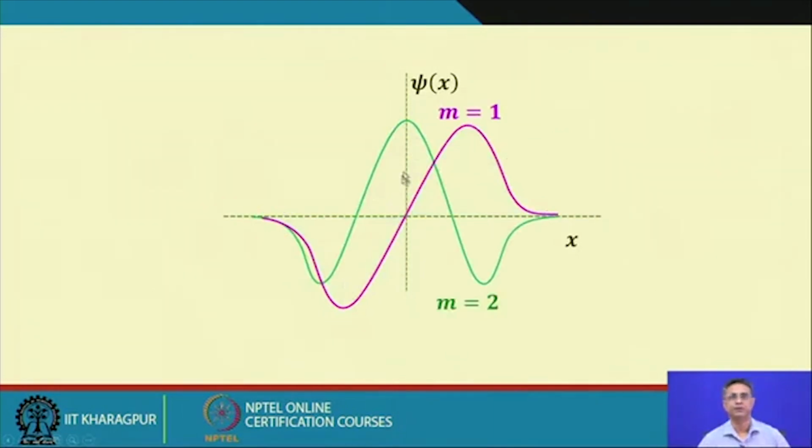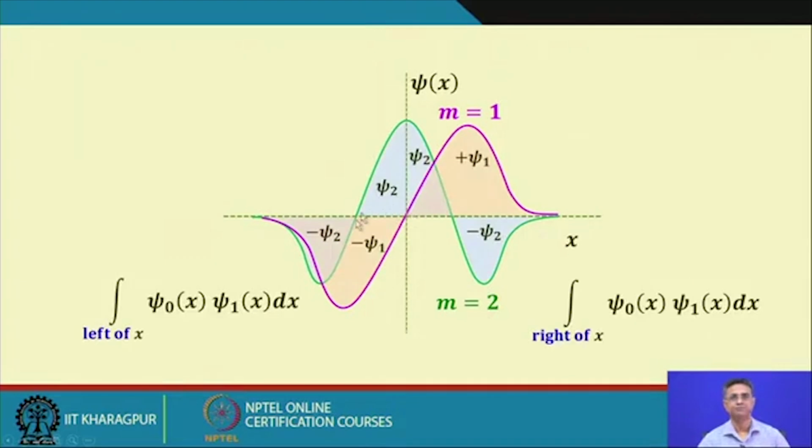For example, if we take m equal to 1, that is the first antisymmetric mode, and the second symmetric mode, that is m equal to 2, which has a field distribution like this, and again we compute the overlap. So, this psi 1 is here and this part.